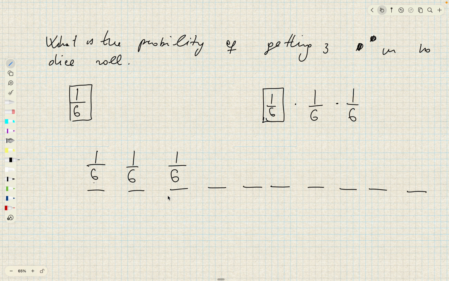So if we're going to get two exactly three times, then the remaining seven times we shouldn't get two. So we're only interested in this part, right?